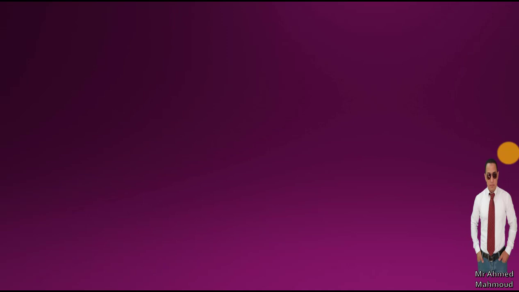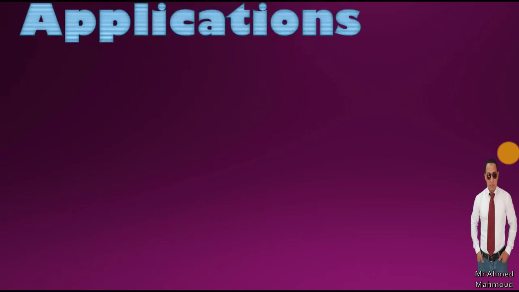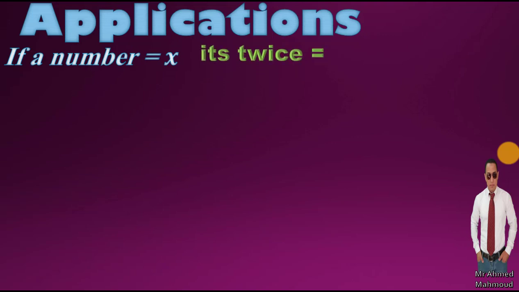First, remember with me some keywords we already took before in the first prep and in the primary. For example, if he said a number, then most of the time we will call this number x. Let the number be x. If he asked for twice this number, it will be 2x. Twice means times 2, and 3 times the number means multiplied by 3, so it will be 3x.